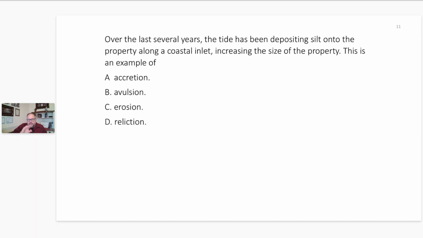If the question were to ask, "What's the land called because of this depositing silt?" that's called the alluvion. So make sure you characterize the test question and answer what they're asking for. So we're talking about answer A. Excellent.